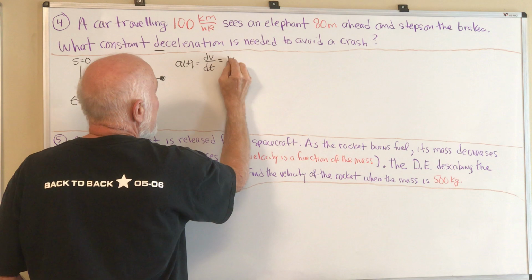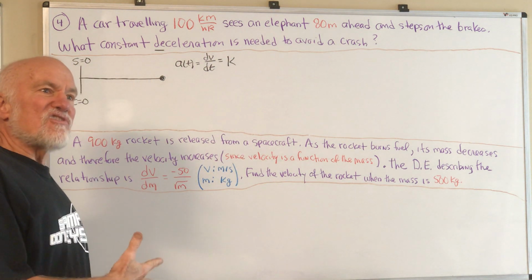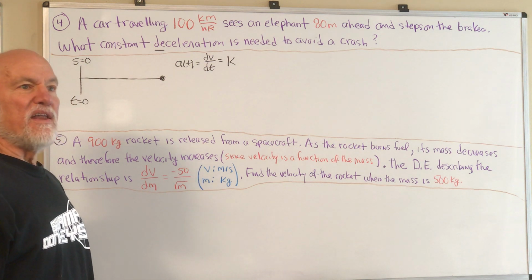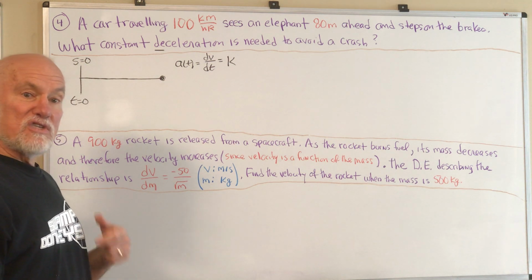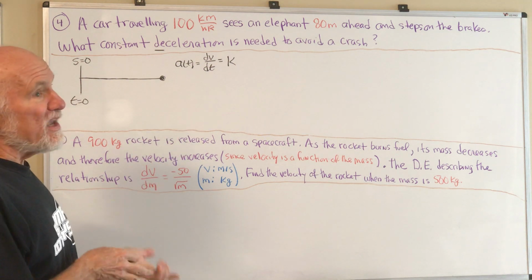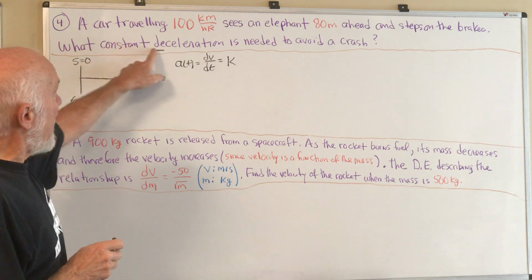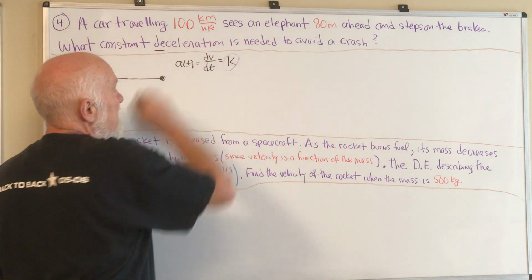So we could just call it k. Now you could call it minus k because you know it's a deceleration, but the math should take care of that and determine that k is negative. So we'll know if we get a positive k, we did something wrong. And that's what we're really trying to find in this problem. We're trying to find k.